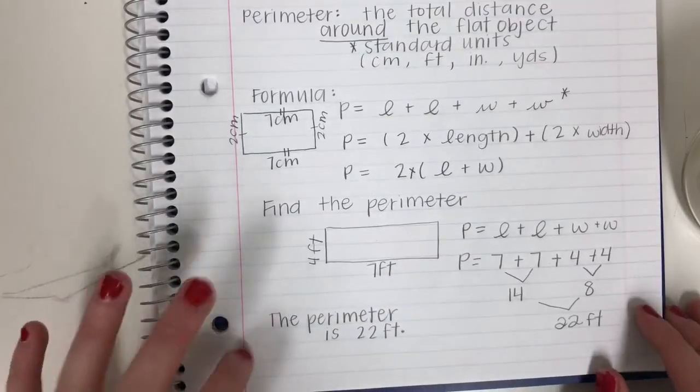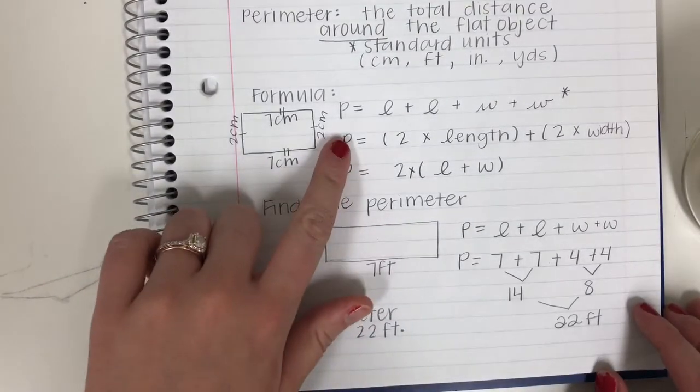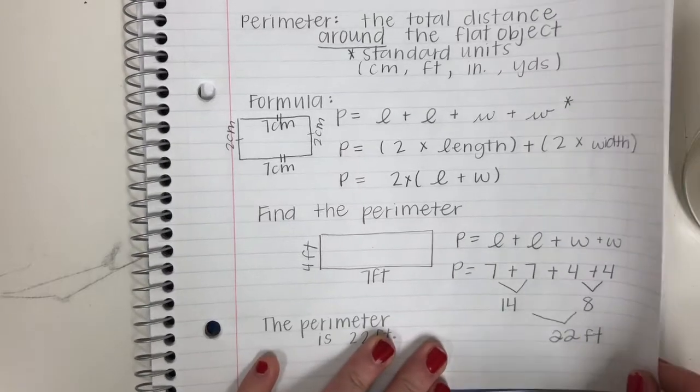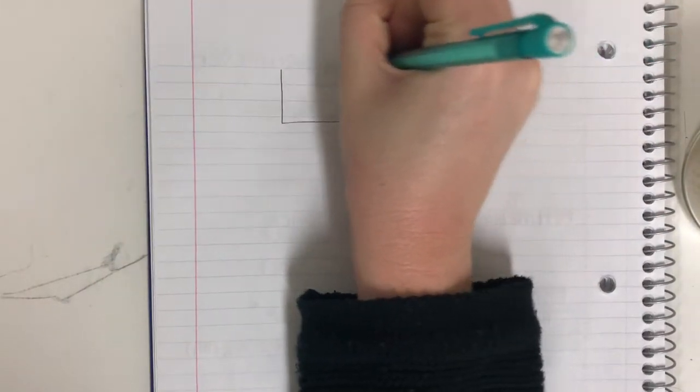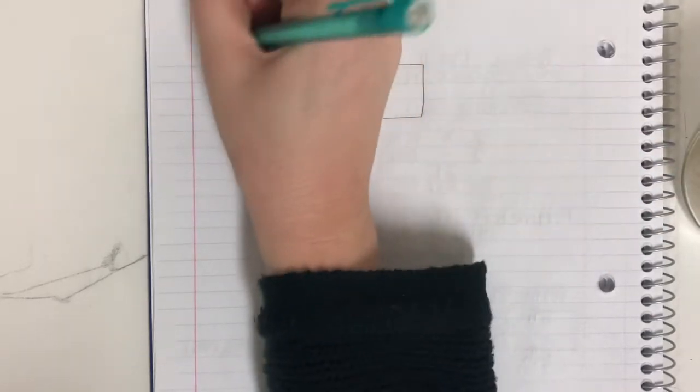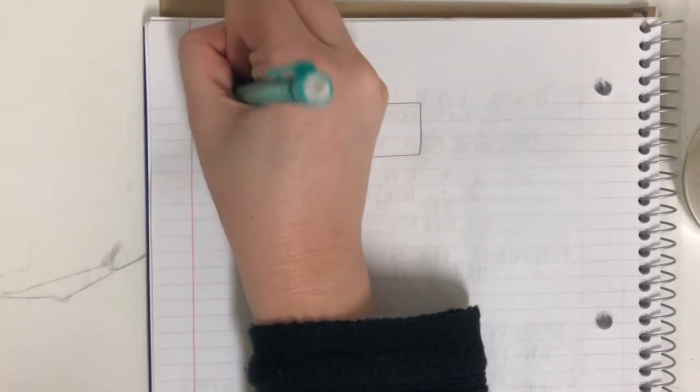Okay? All right, we're going to do one more together, and I'm going to do this formula, and then you'll have one to practice tonight. Okay, let's see the shape. So we're going to find the perimeter.